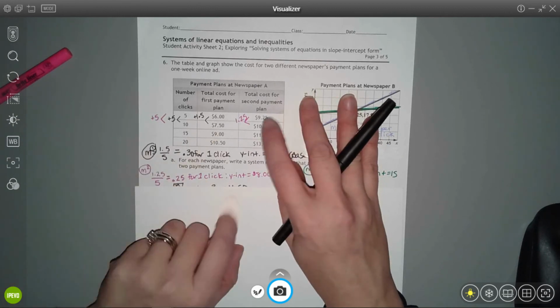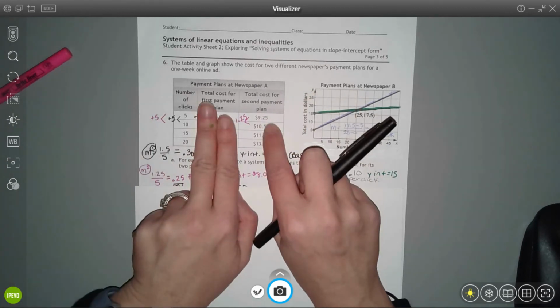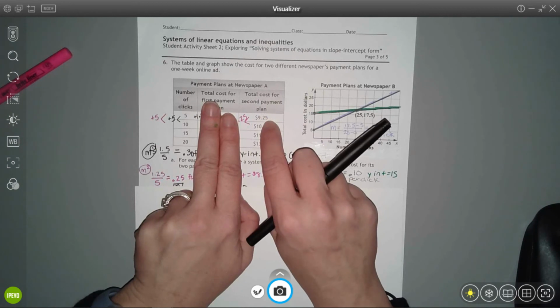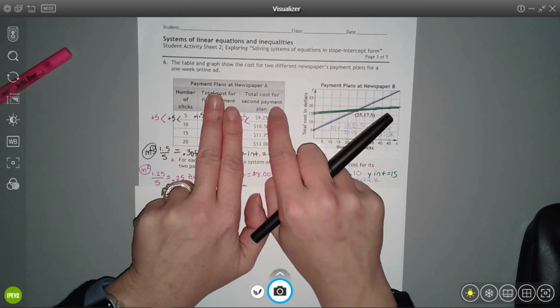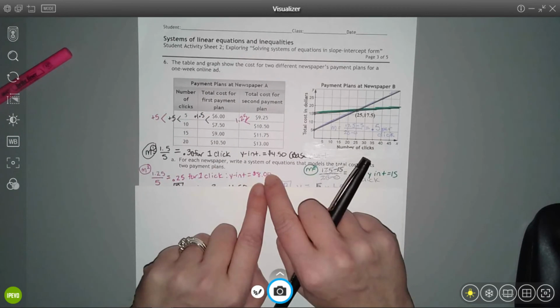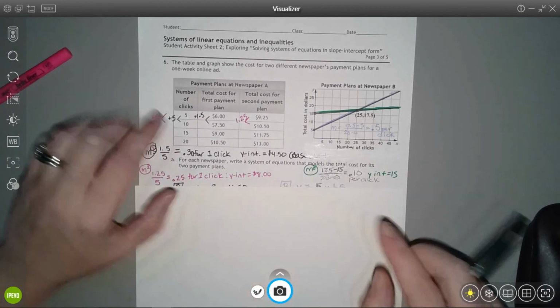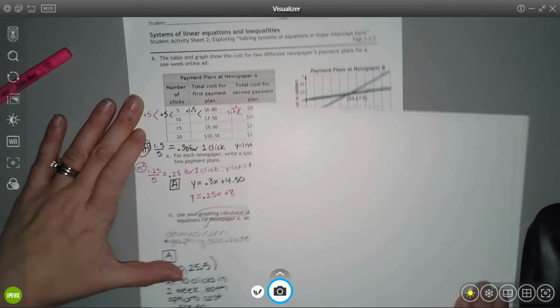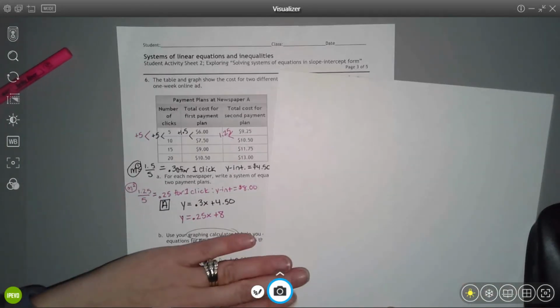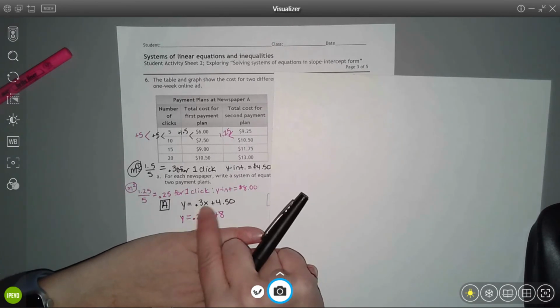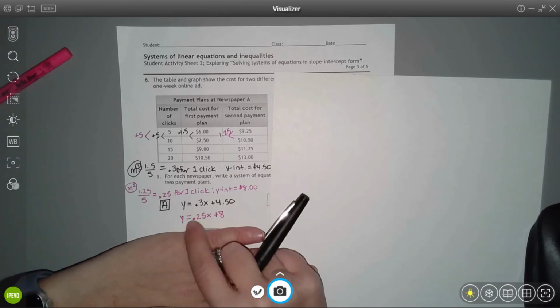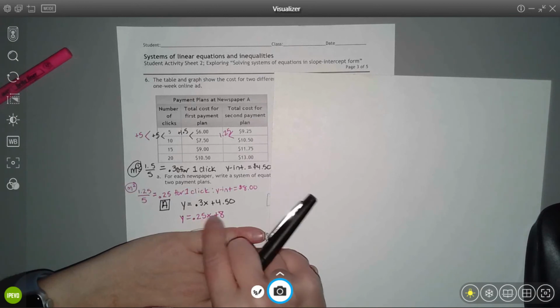I subtracted 25 cents until I got to 0 clicks, which was $8. Again, that's our base cost. So what I did here is I set up the two equations. I said 30 cents per click plus $4.50, and then I said 25 cents per click plus $8.